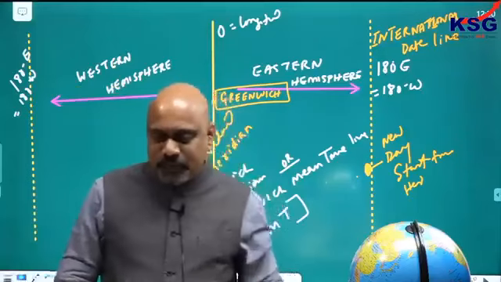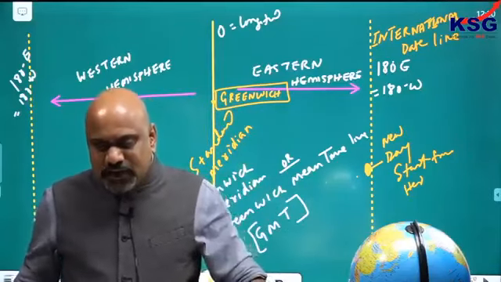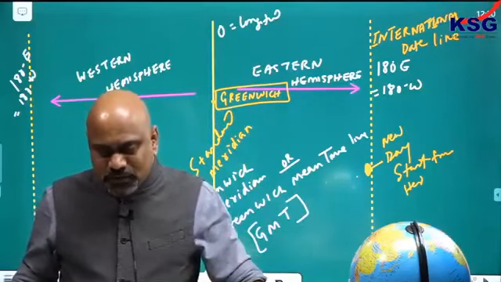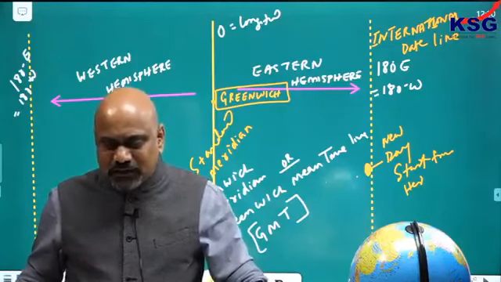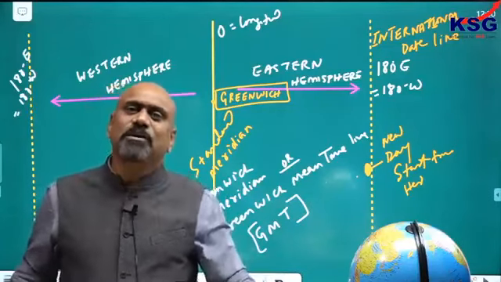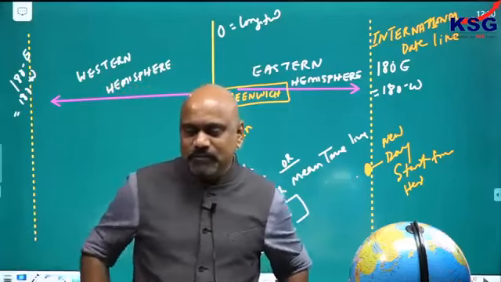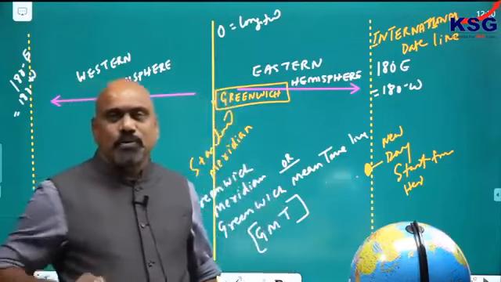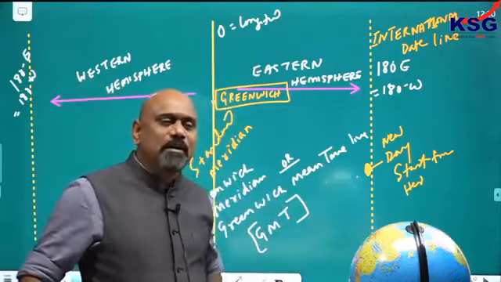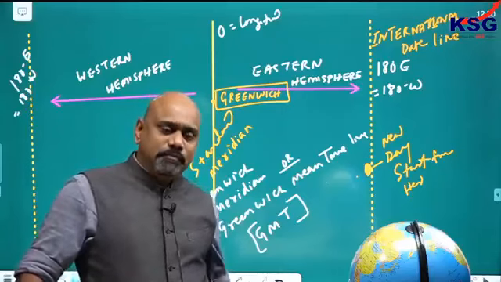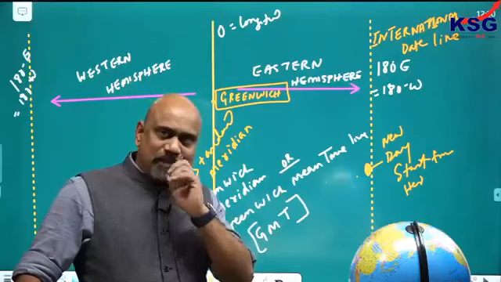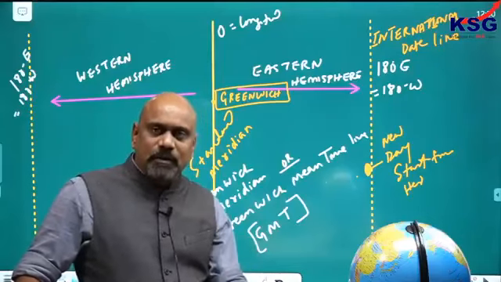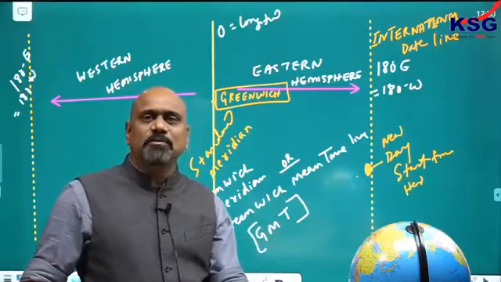Is there any special reason for drawing the 0 degree longitude through Greenwich? Why was 0 degree longitude not drawn through any other mega city of the earth? It was only because they were the colonial power, nothing else. To show their supremacy, if you look at even the history of this, the majority of influences were European only, and London was the most happening place.